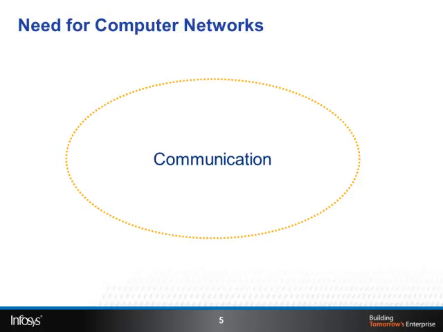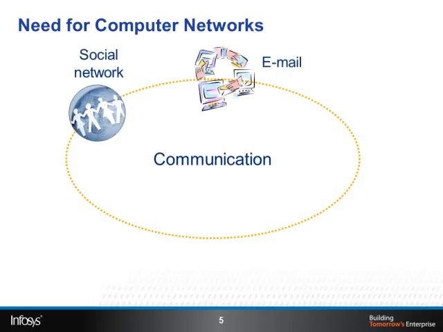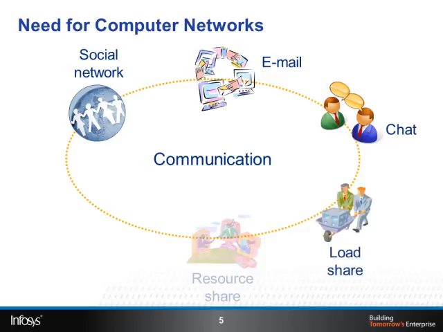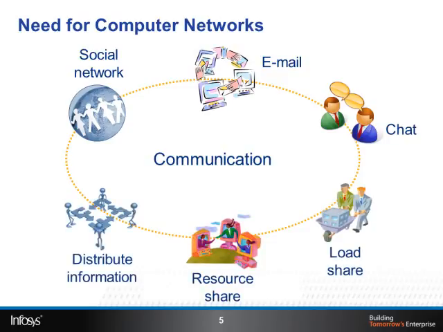How does the world communicate today? The answer certainly includes social networking sites, emails, chat, load sharing, resource sharing, distributed information. These ways of communication are possible through computer networks. Apart from communication, computer networks are needed for accessing information which is intrinsically distributed.